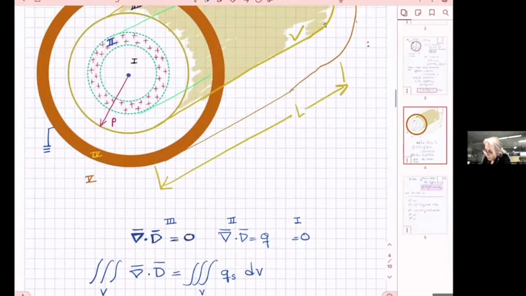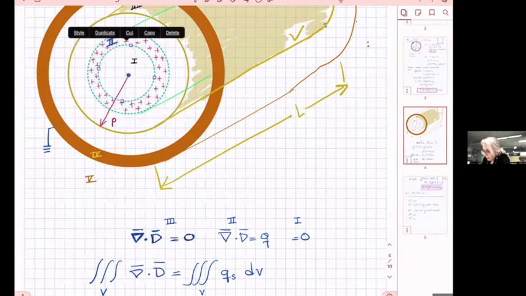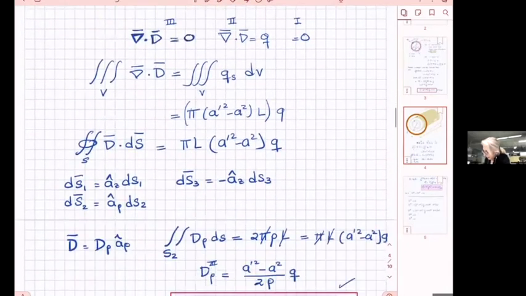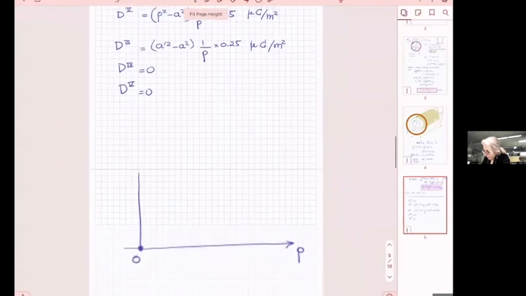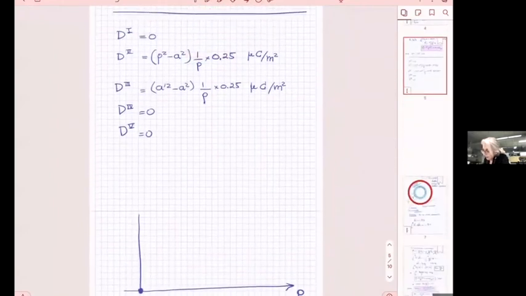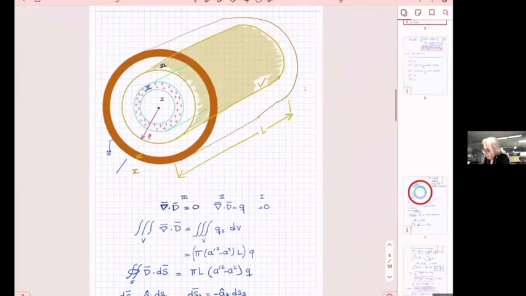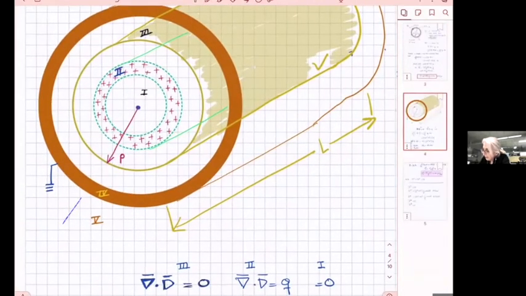And as we move out, we go through region 1, then region 2, then region 3, and then 4 and 5. We have everything. So now let's plot. At rho equals 0, the field is 0, and it stays 0 until we arrive at this point.